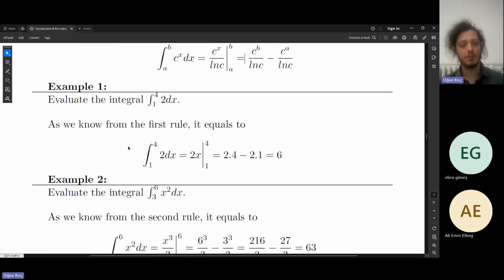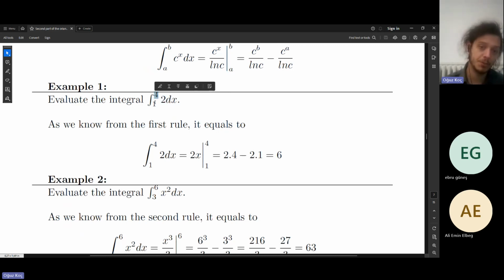And for those, we have examples. In the first example, we have a constant function here, which is equal to 2, and we need to take the integral of this function for the upper bound of 4 and lower limit of 1.